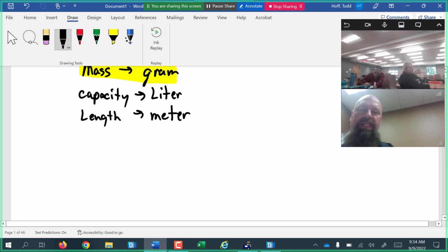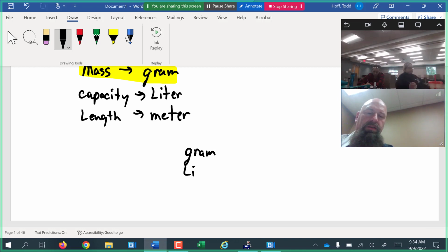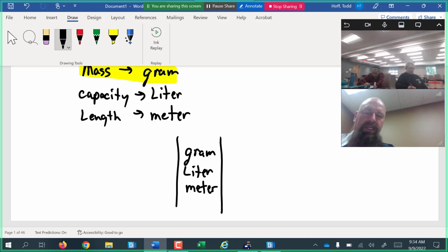So from those basic units, a gram, a liter, or a meter. Now I'm going to date myself a little bit, but you always see me write a capital L for liter, because that's what I was taught. It wasn't until just a few years ago I would learn that wasn't true.